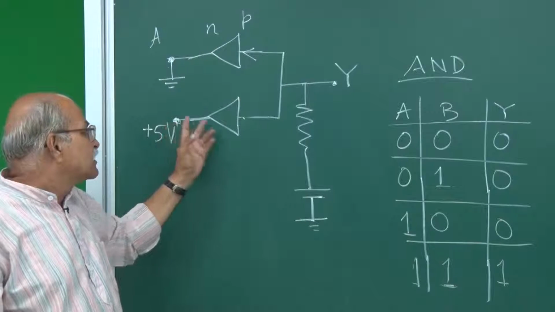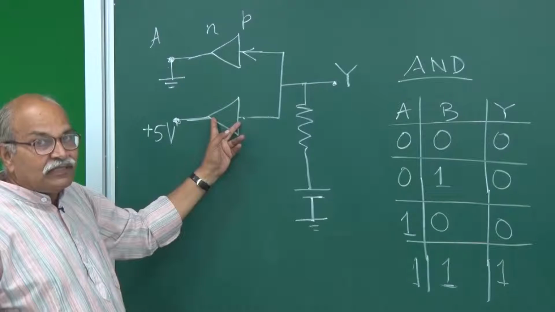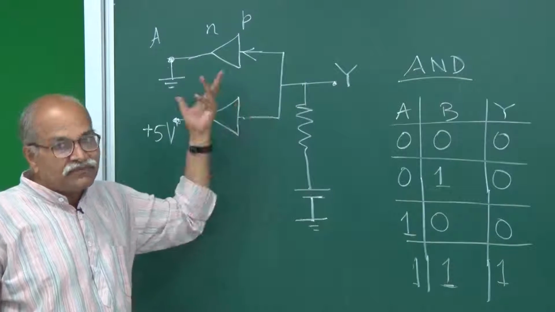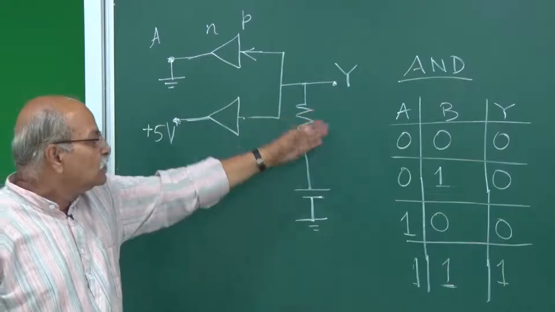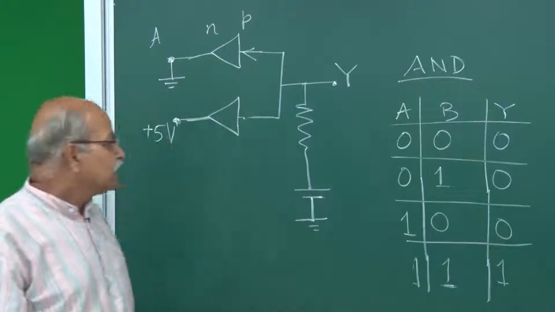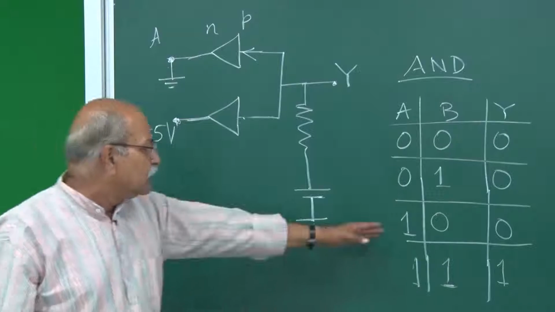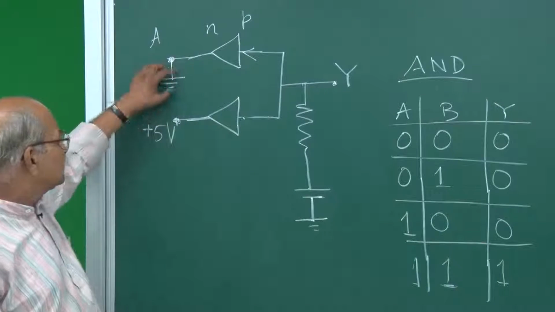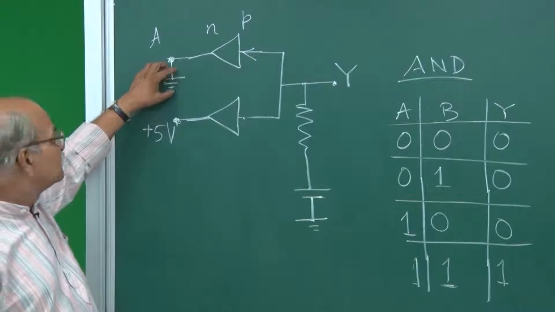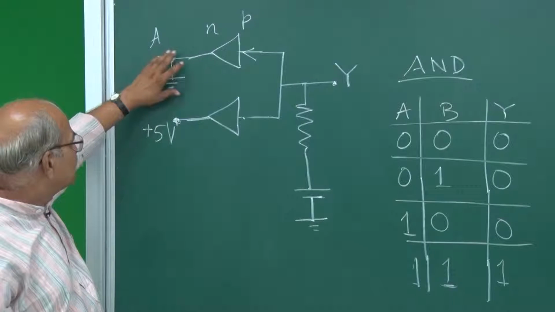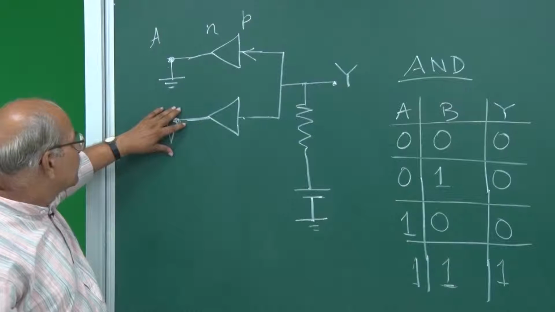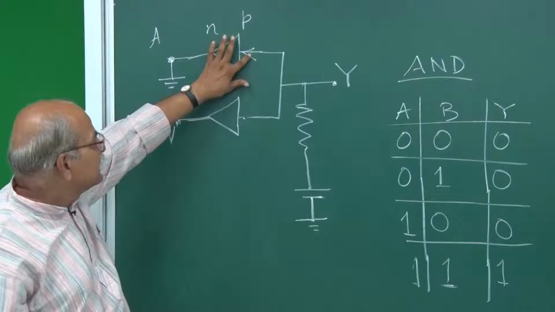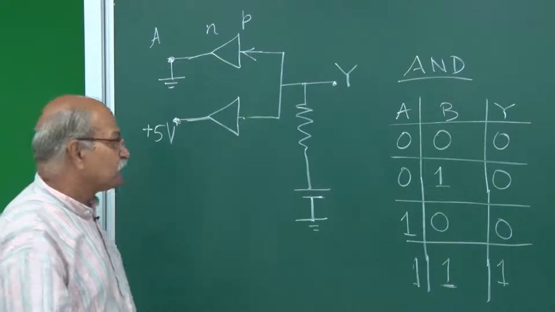No current is going, so it is just possible, this side is 5 and this point is very small volt, so that is fine. So this is low. And similarly, if A is 1 and B is 0, then this will be 0. We are only swapping these two, put 5 volt here, put 0 volt here. Then this will be reversed bias, no current from here, and the current will be only from here.